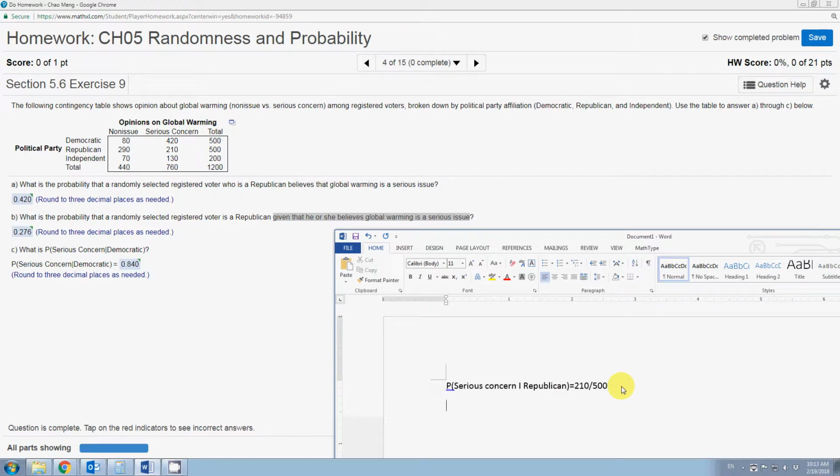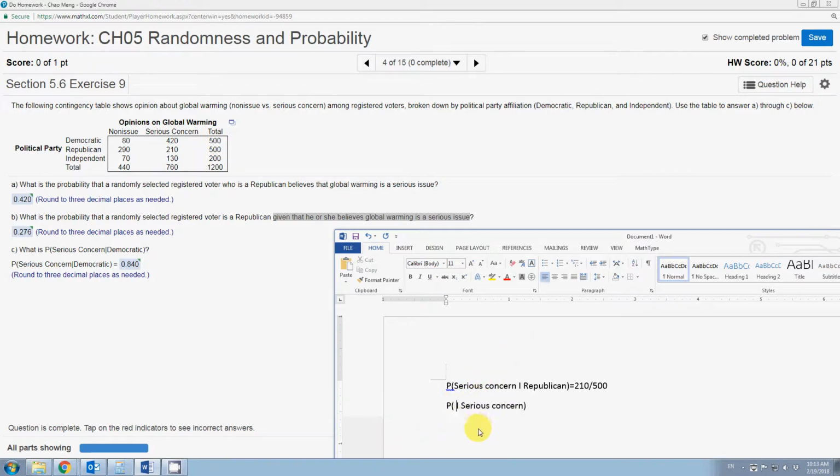The difference is that the condition in part B is that the person has to believe global warming is a serious concern. Let me correct this one.